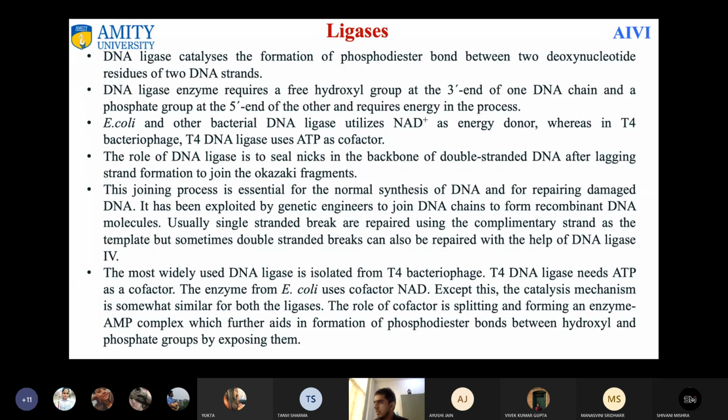So here I want to ask you one thing. All of you have done your molecular biology course. Why are we using the term prime? Why do we not simply call it 3 and 5, and why are we using the term prime? What does this prime mean?